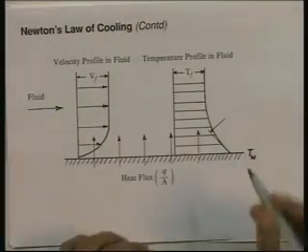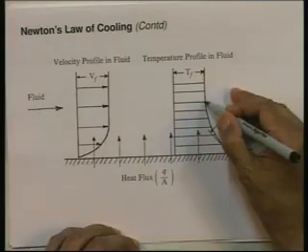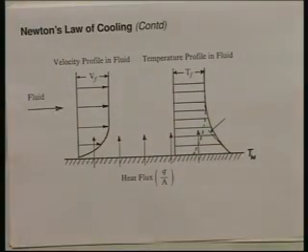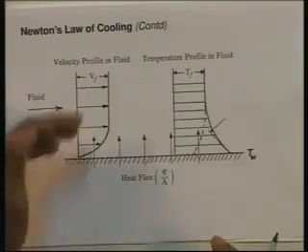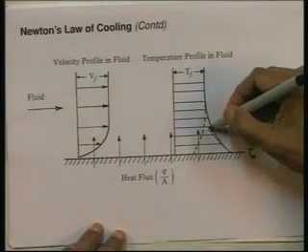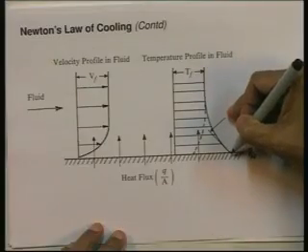If T w is less than T f, then the temperature profile, instead of going out like this, would typically come in something like this. That would be a temperature profile you will get if T w is less than T f, and heat flows because of this temperature difference. The tangent that I have drawn here is the tangent to the temperature profile at the wall.